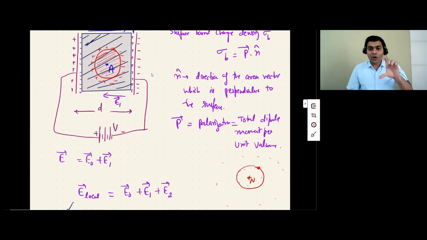due to the presence of all the atomic dipoles, all the electric dipoles present within this shaded region that I've shown. Within this region, of course, there are other electric dipoles present. The effect of those dipoles will also be at A. So let me take that as E3.